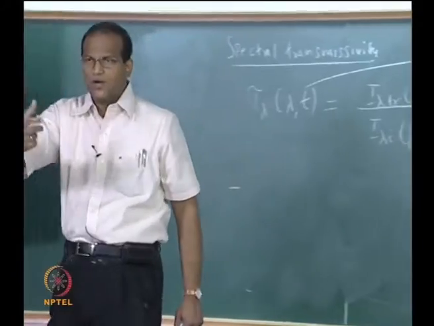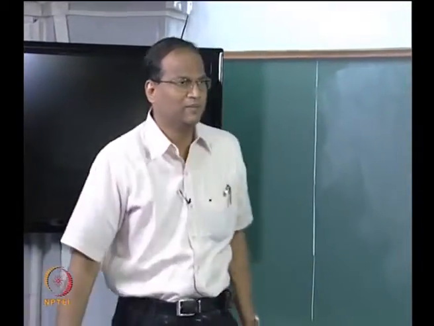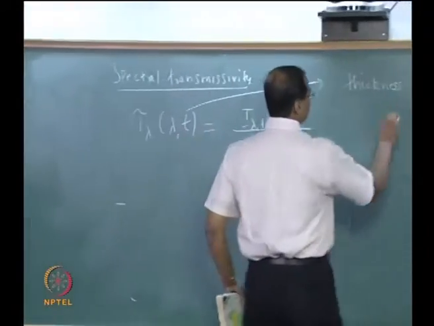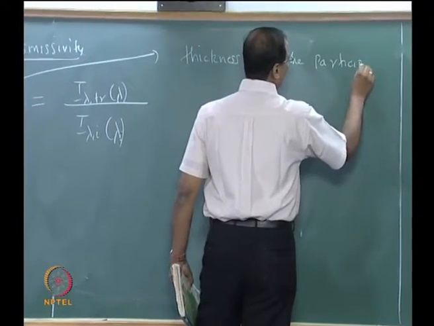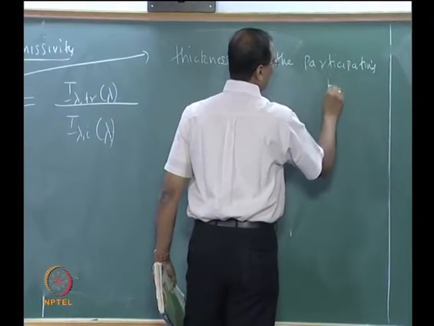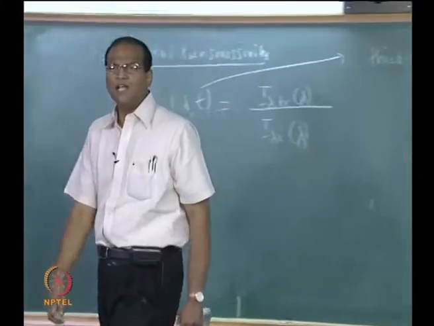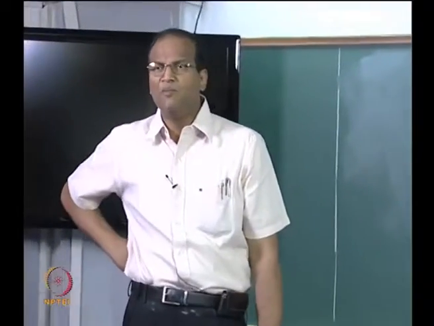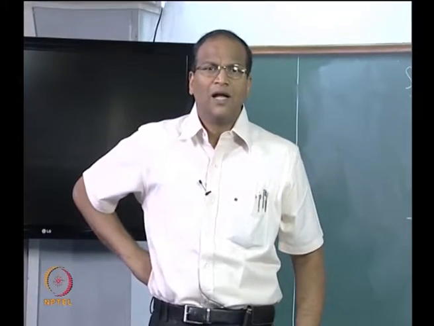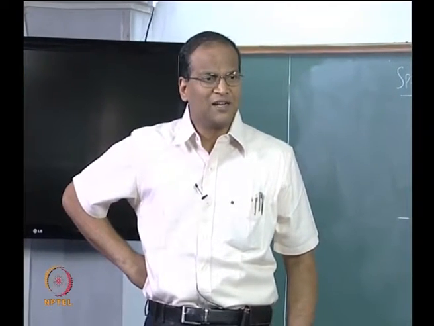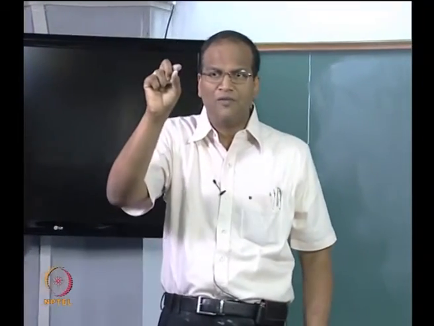A medium which absorbs, which can scatter and which can also transmit is called a participating medium. In a participating medium, the basic difference from the surfaces we considered so far is that for a surface, the reflection and absorption were all happening in the first few micrometers.